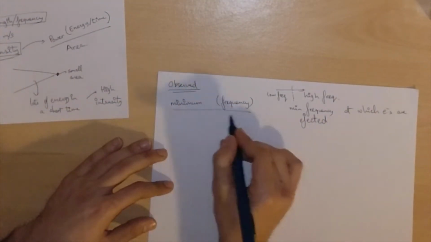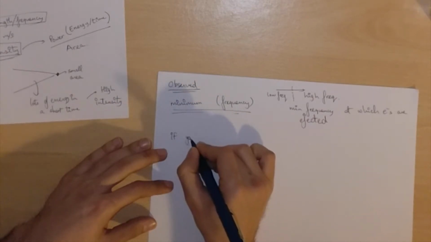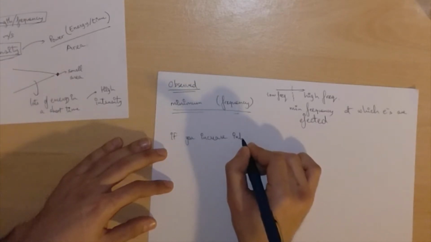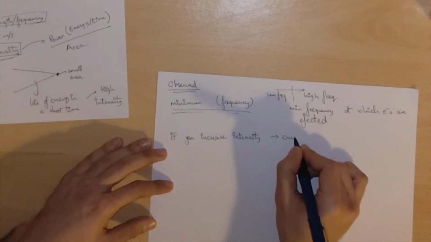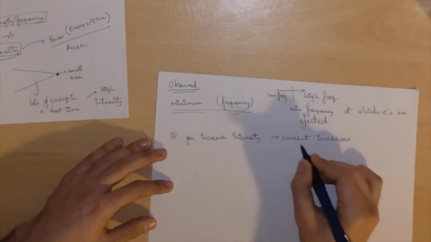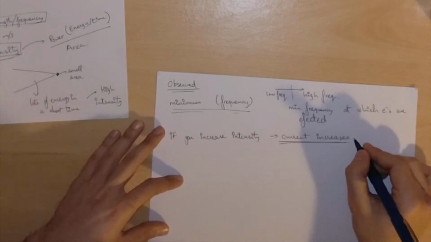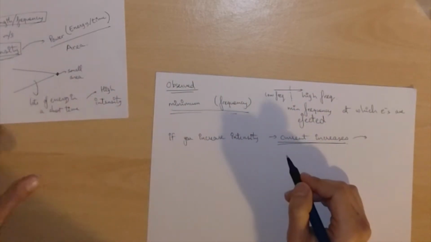The second thing they observed is that if you increase intensity, current increases, which is what you would expect because you're giving it more energy in a shorter amount of time. But they wanted to look into this a bit deeper because current can increase if you have more electrons, right?